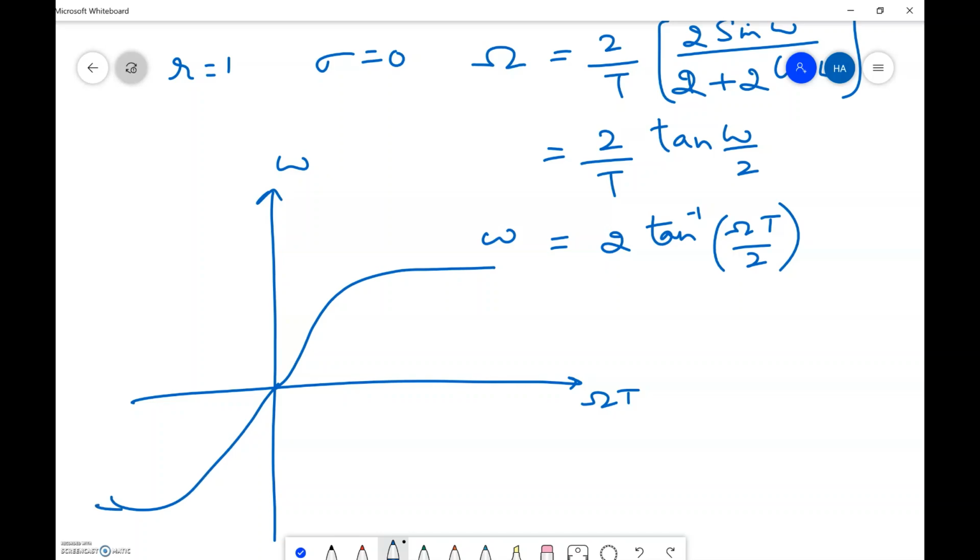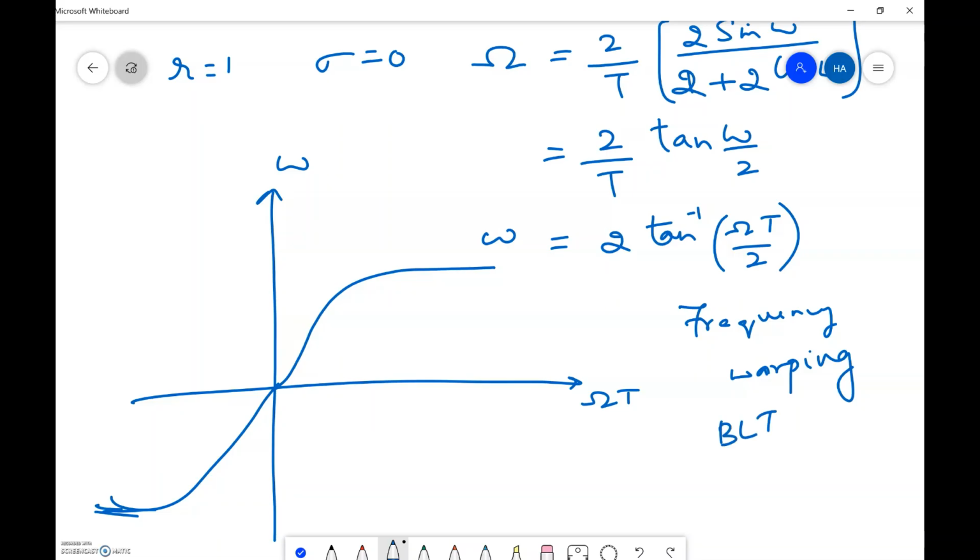So the lower frequencies in the analog domain are getting expanded in the digital domain, and the higher frequencies are getting compressed in the digital domain. Because the relationship is non-linear, this kind of behavior is called frequency warping, which is introduced by the bilinear transformation.